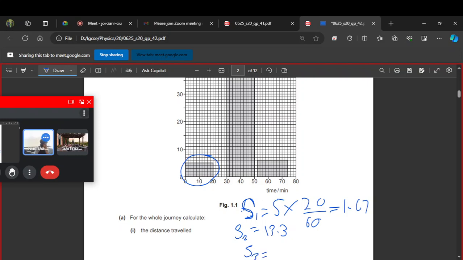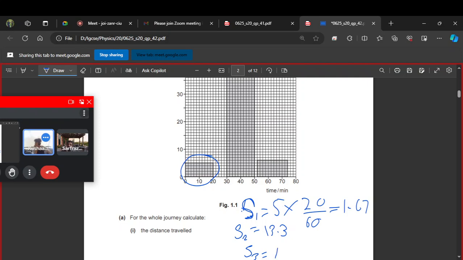Then what about the third section? The third section is 52 to 74. So we do 22 divided by 60, 0.3666. So then we do 6 times that. We get 16.36. Have you done it rightly?